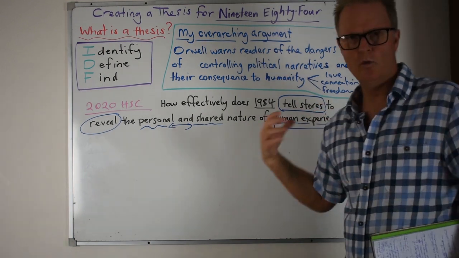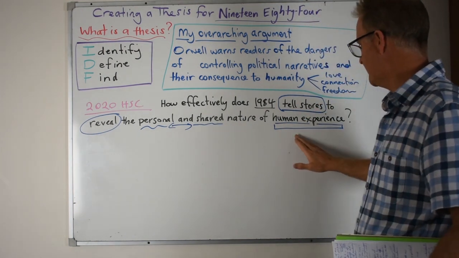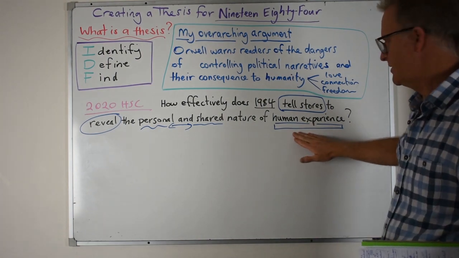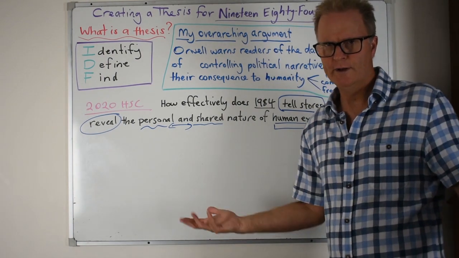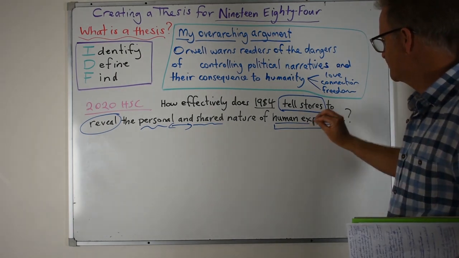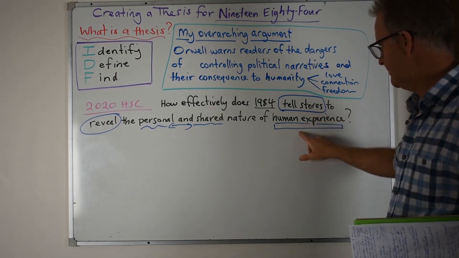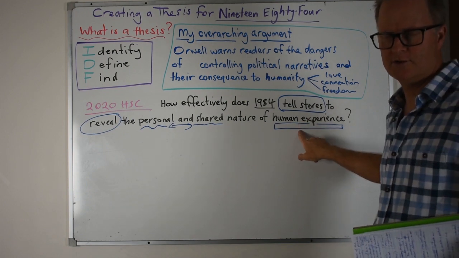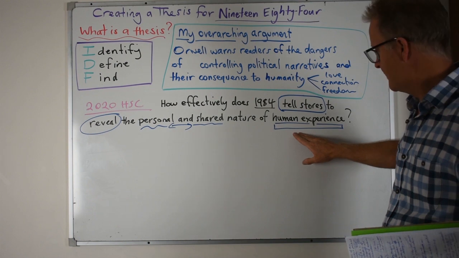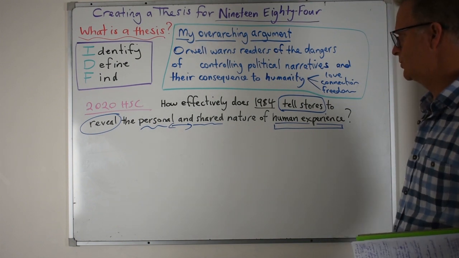So we want to make sure that we're being specific and we don't use big general statements like human experience. I mean, everything that a human encounters, you and I encounter, is an experience, isn't it? So we want to be specific and talk about what it is. So that might be the novel is looking at rebellion or the desire for love that Winston and Julia have.